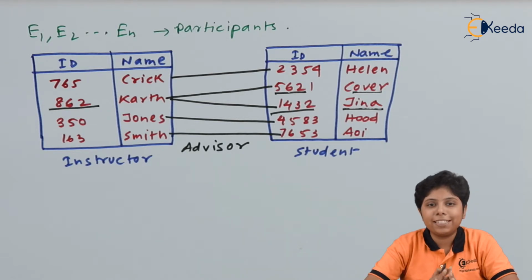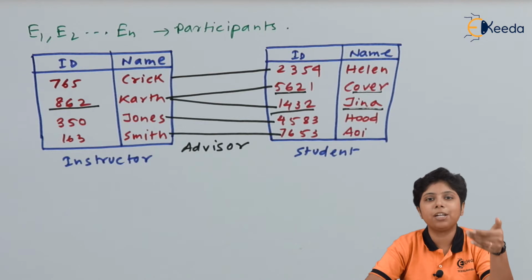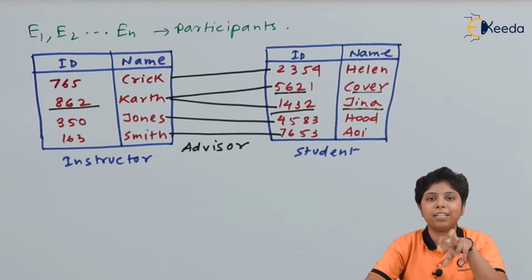Now if an entity set participates in more than one relationship, we can have one relationship existing, and then from that relationship we can derive another relationship. This is known as a recursive relationship, so that we can get the first relationship after being related with the second one.